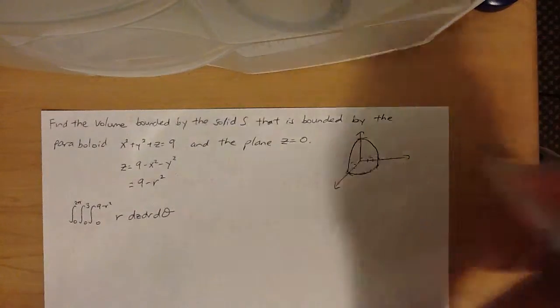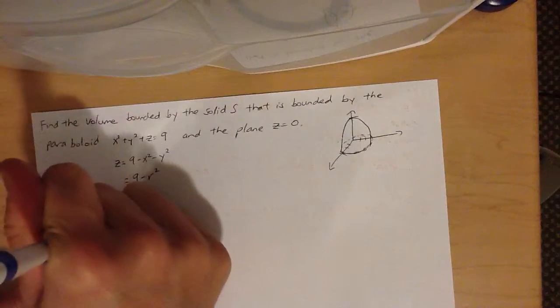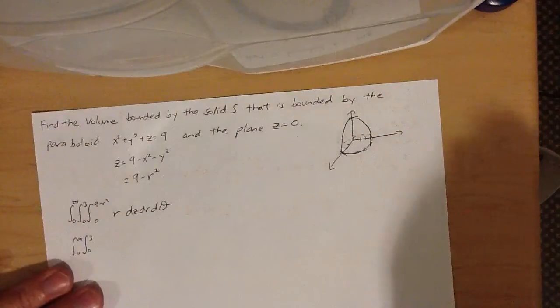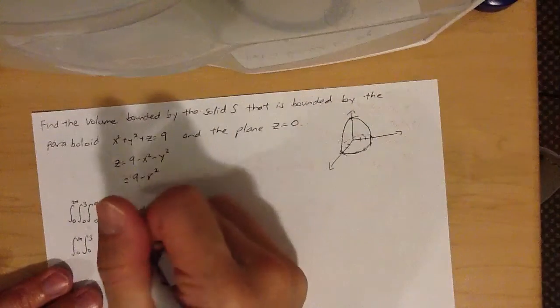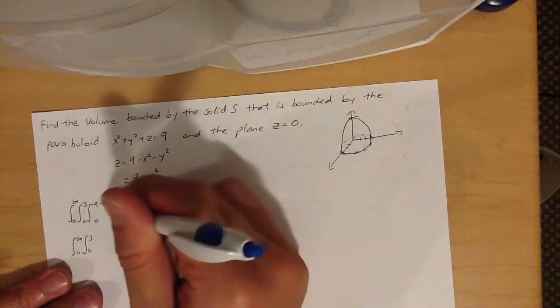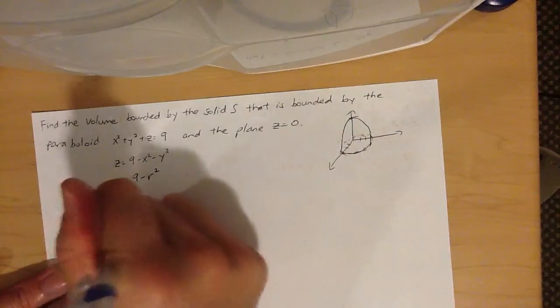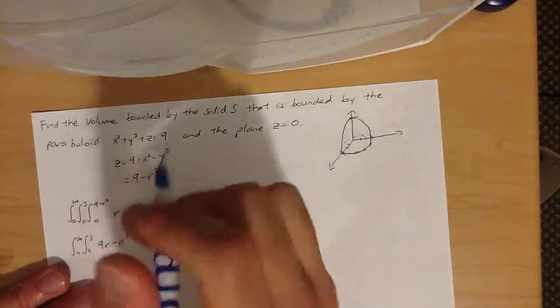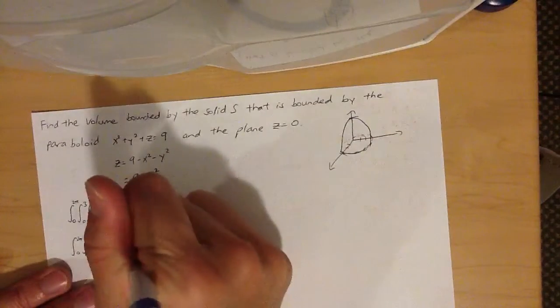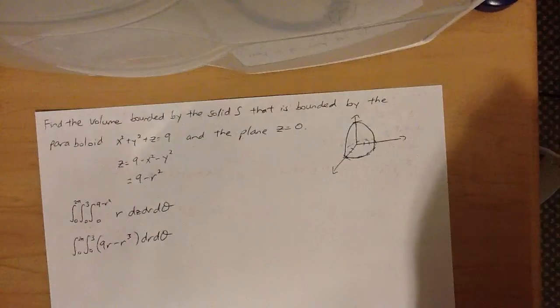Okay, so when we integrate the first one, there's no z here, so we put a z, and then we plug in 9 minus r squared, so we're left with 9r minus r cubed. And then what's left is dr d theta.